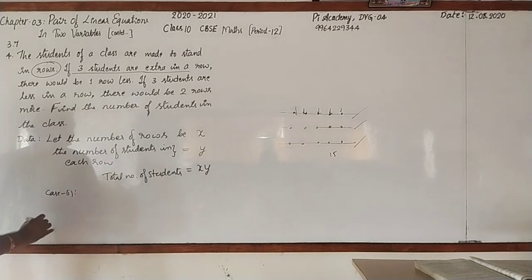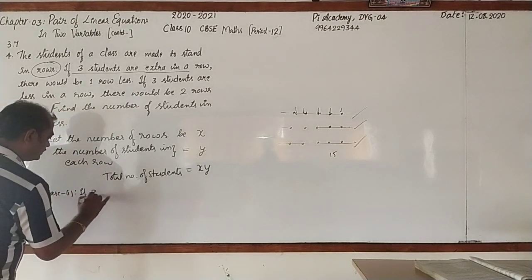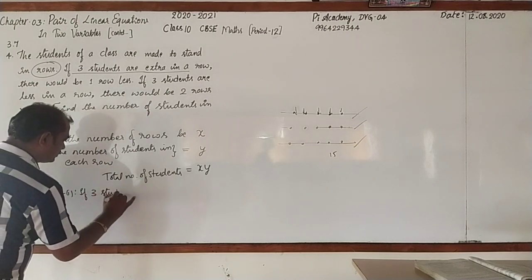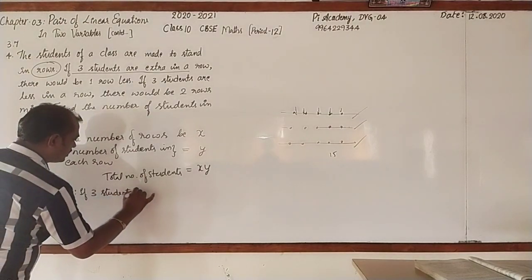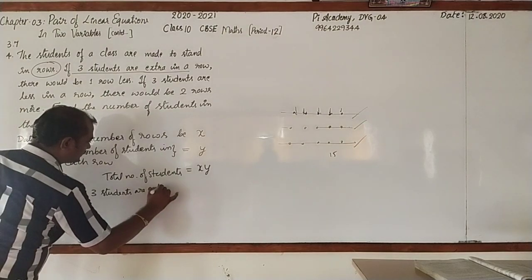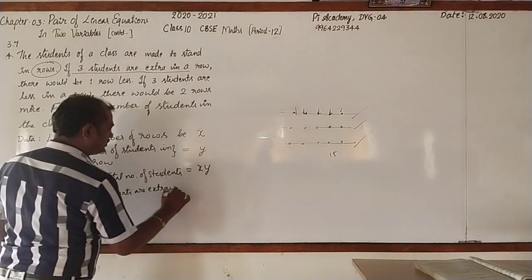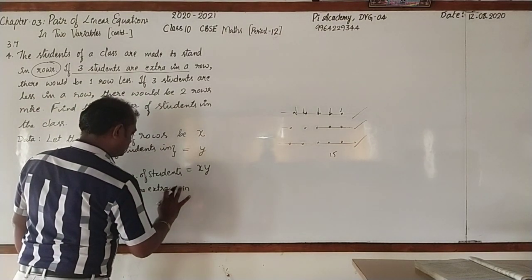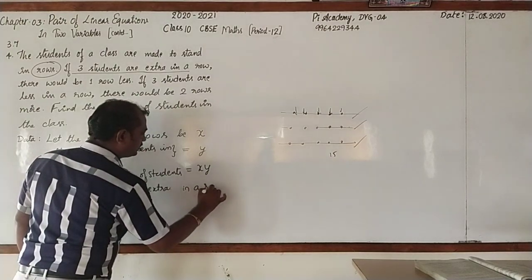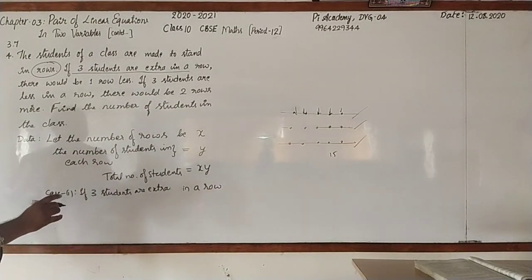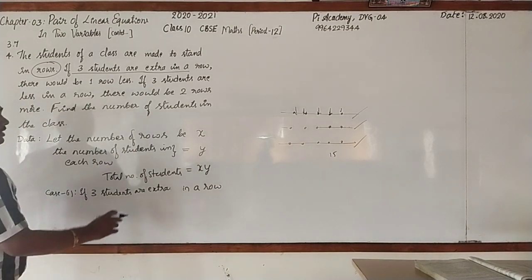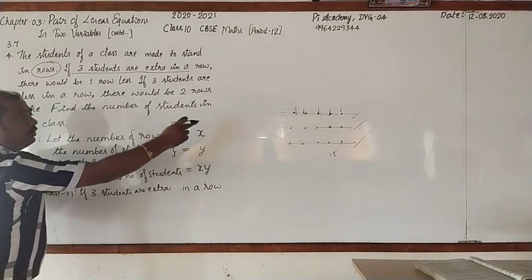Please write with me. If 3 students are extra in a row, then how many rows are there?